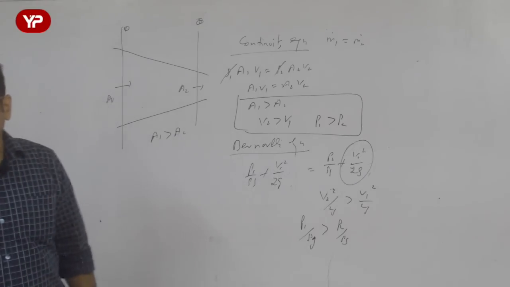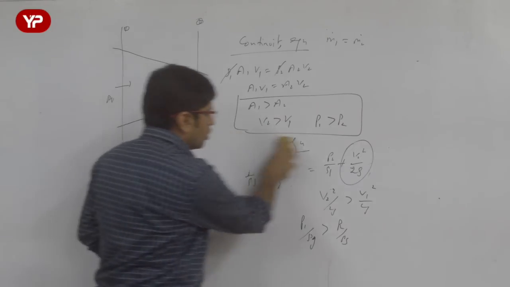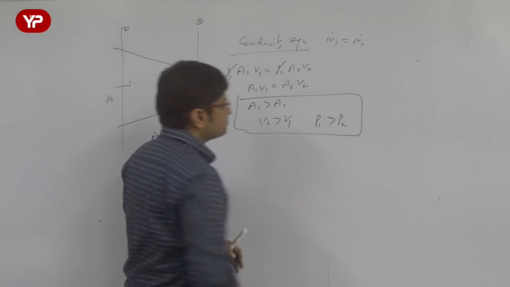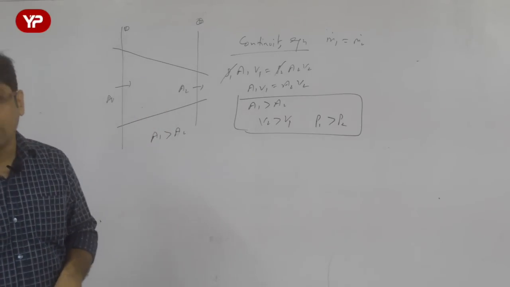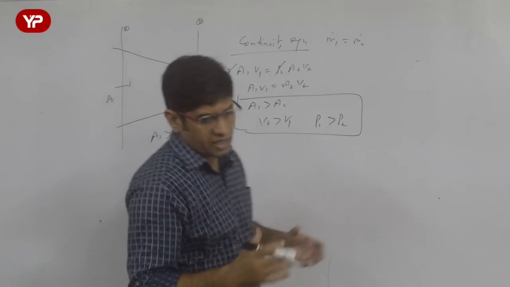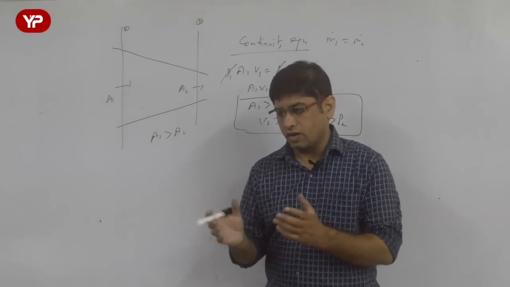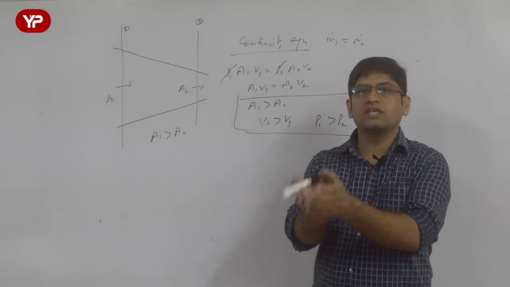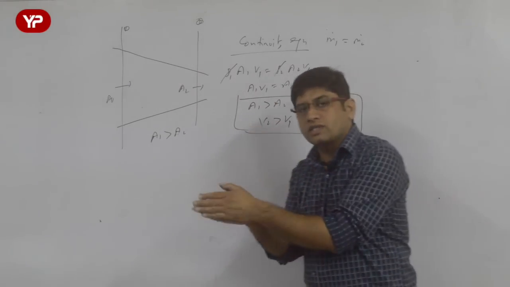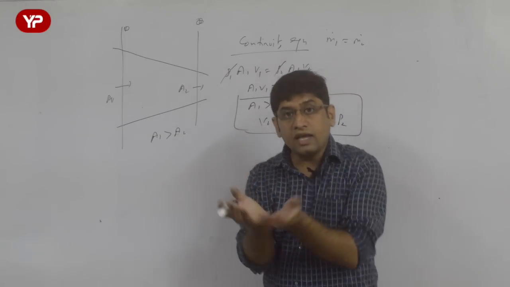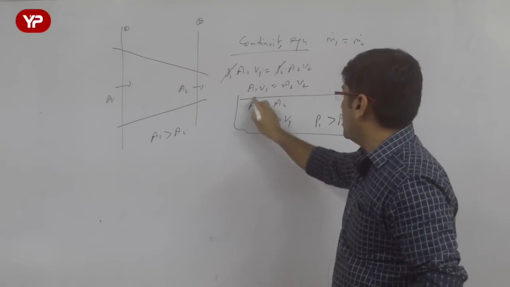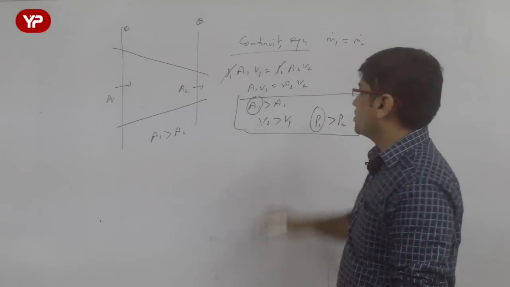This velocity is not decided by anything but continuity equation, and continuity equation says that when area is less, velocity is more, and then next version is Bernoulli equation. If area is more, pressure is more. You see this, A1 more than A2, P1 more than P2.